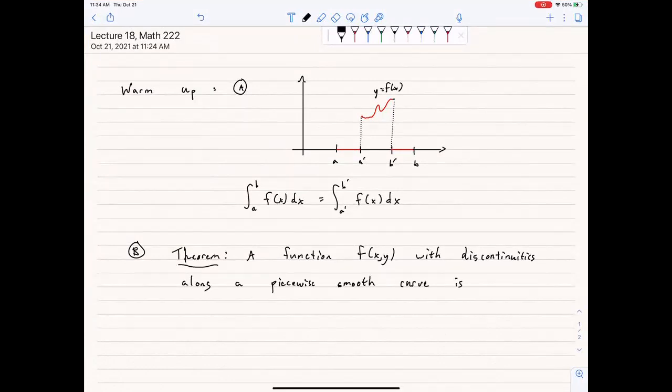By which I mean it's integrable on closed, bounded domains. I said last time, if you have a continuous function, it's integrable, but you can also allow for discontinuous functions so long as those discontinuities are controlled. They just occur along some kind of curve that you can draw with your pencil.